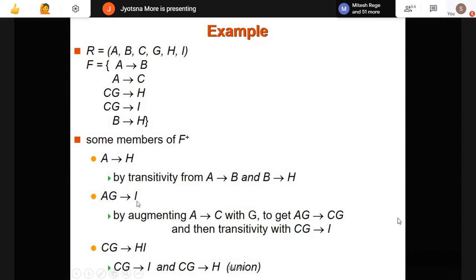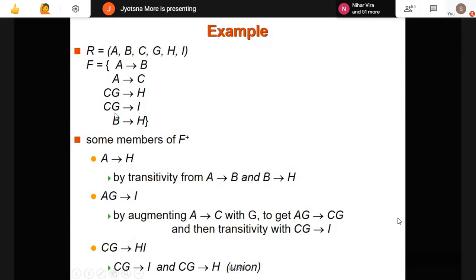The same way I can also get it for H because CG determines H. But H is already determined over here with the help of A, so I have not added that. Third one, CG determines HI. Why? CG determines H, CG determines I, so I can take the union of these together.